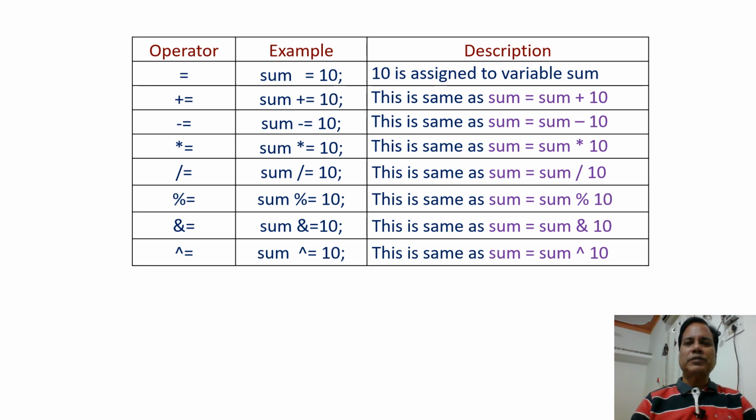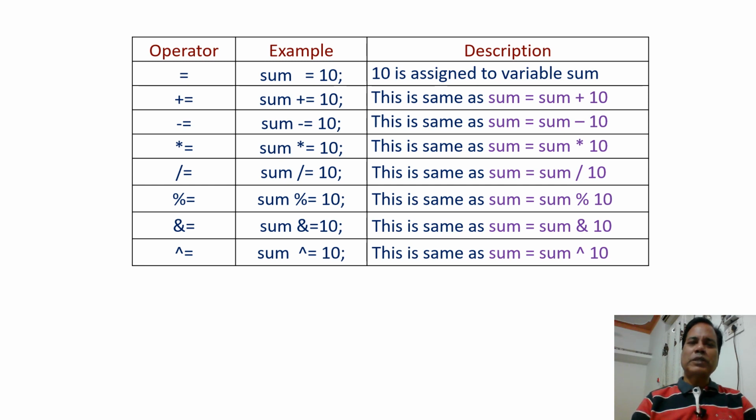This is a simple assignment operator, and it assigns data to a variable. The example here is sum = 10;. This is the syntax. And the description is: 10 is assigned to the variable sum.